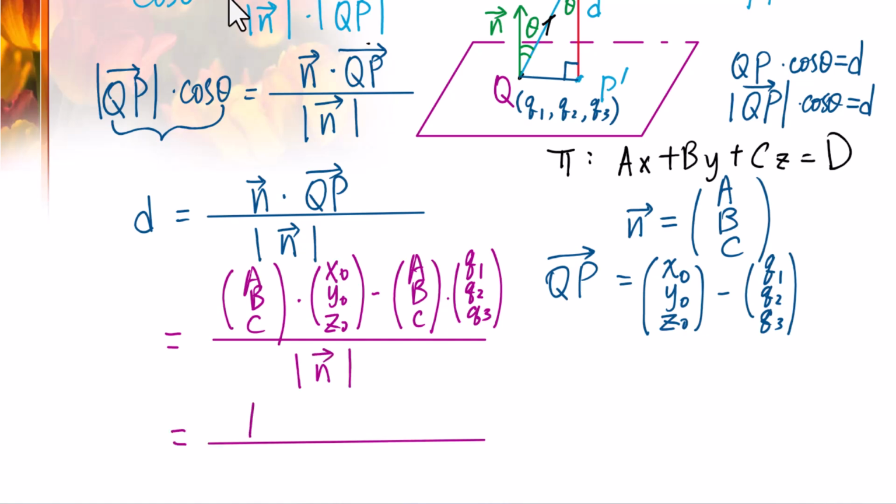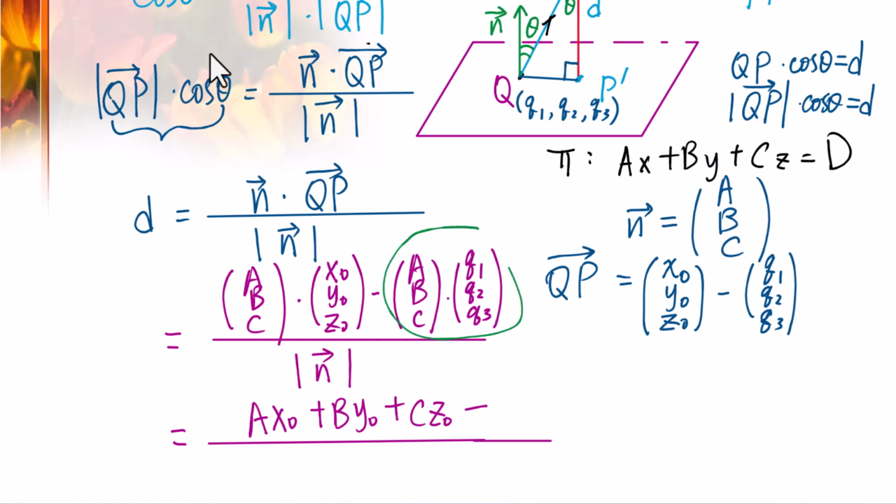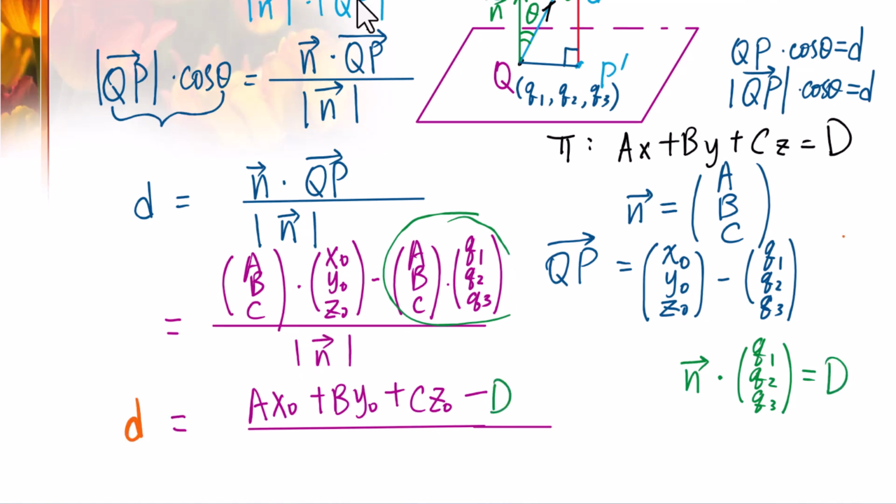We got ax0 plus by0 plus cz0 minus, check this, we do know normal vector n dot position vector q1, q2, q3 equals d. So minus d.